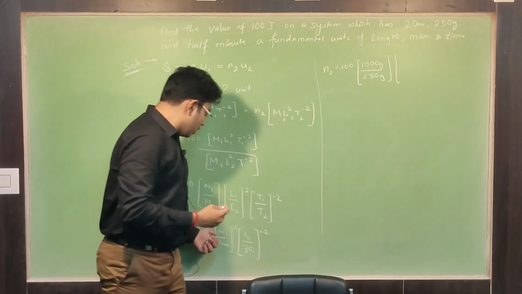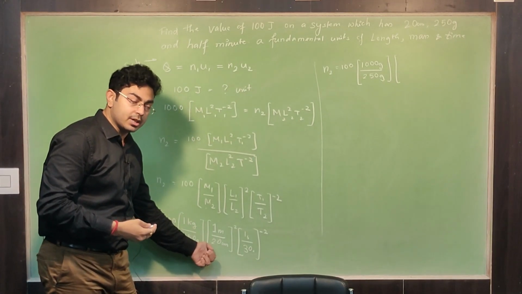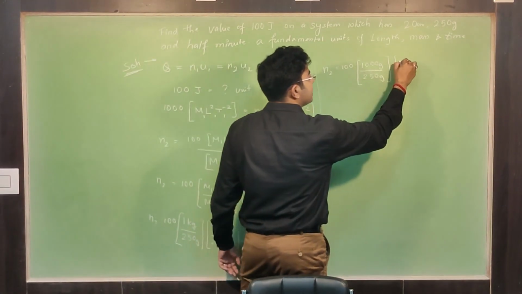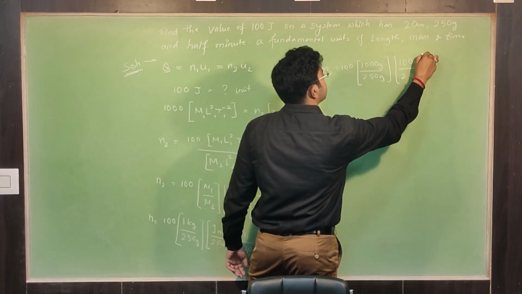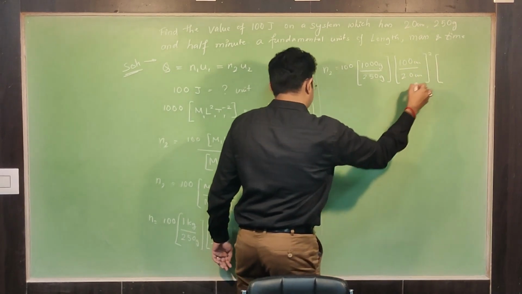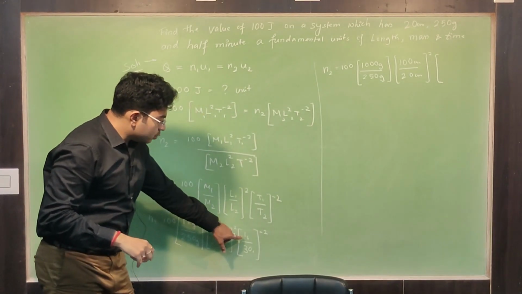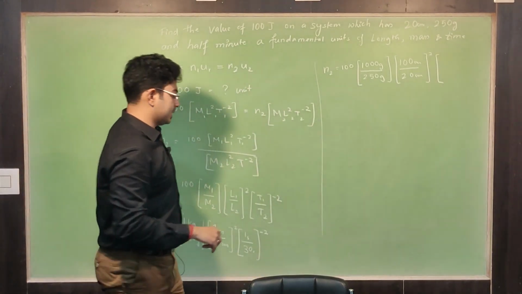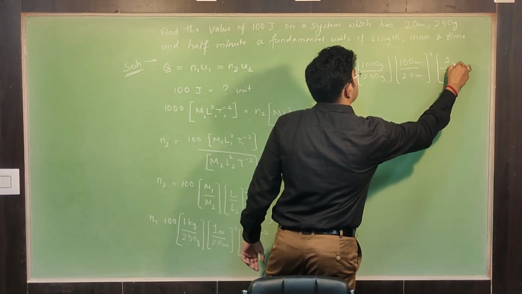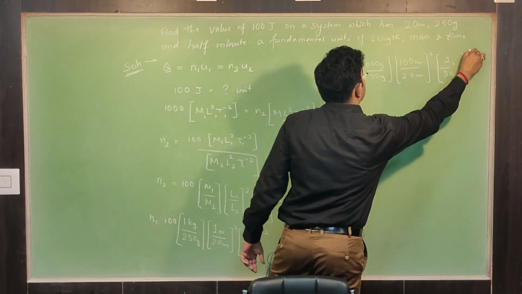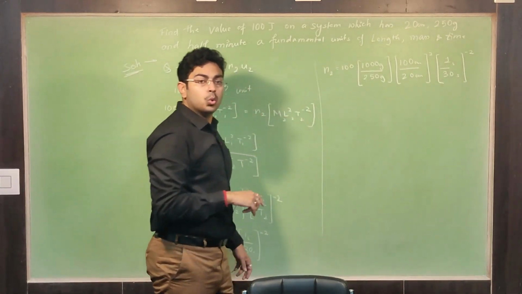This one, 1 meter by 20 centimeter. 1 meter means 100 centimeter by 20 centimeter. Then 1 second by 30 seconds. That is fine. Okay. Now, what we can do here?